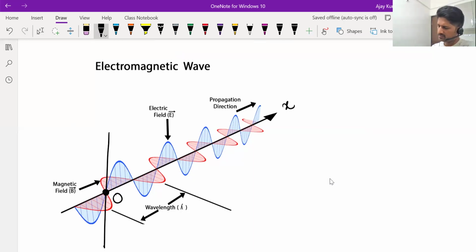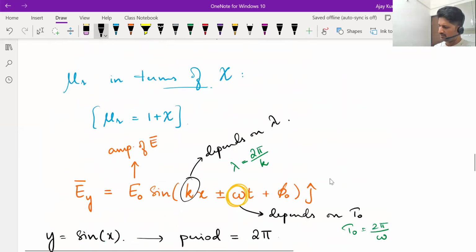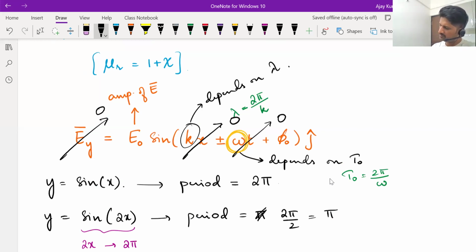Assume this representation is done at t equal to 0. So at t equal to 0, at the point x equal to 0, the electric field is 0. When you substitute t as 0 and x coordinate as 0 in the electric field equation, the field also should become 0. Based on that, you can tell how much the phase constant is. It will either be 0 or pi, because sine 0 is 0 and sine pi is also 0. It can be any of them.